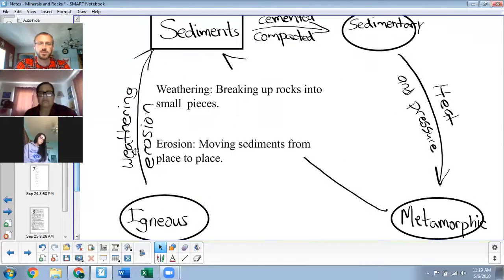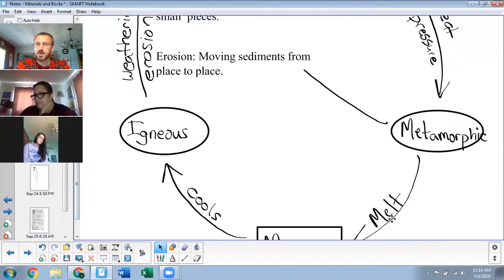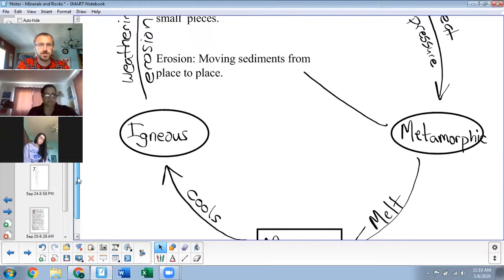Then that igneous rock is going to break down into small pieces, it's going to form sediments. Then they're going to get cemented or glued together or squished, compacted together to form sedimentary. Then that sedimentary rock is going to go through heat and pressure, and it's going to form a metamorphic, and then it's going to melt, and it's going to start the process over. So the way the outside of the circle is, and what I've described so far, makes it seem like rocks only have one path that they can follow.